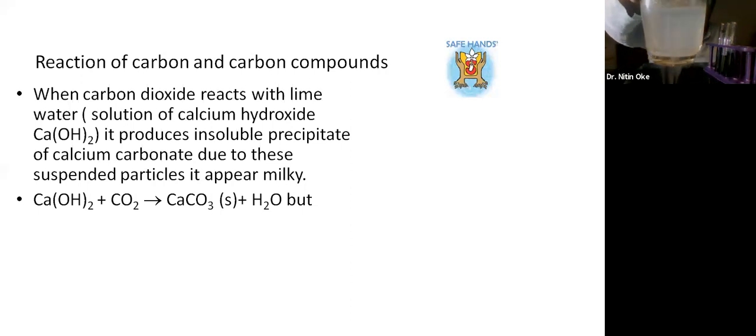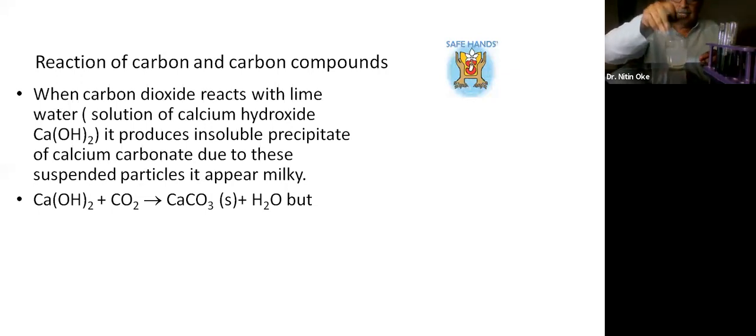And you can see some suspension particles over there. It has turned very clearly white. I can make it still a little more white by adding a little more carbon dioxide.